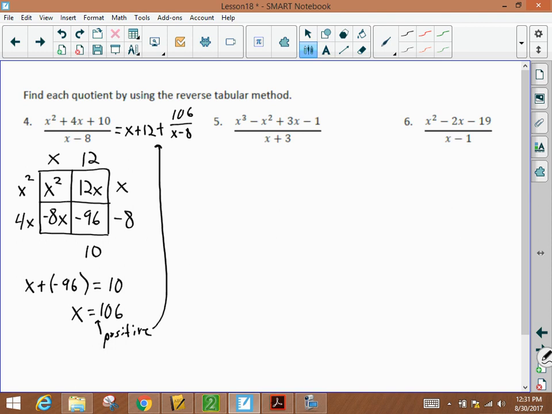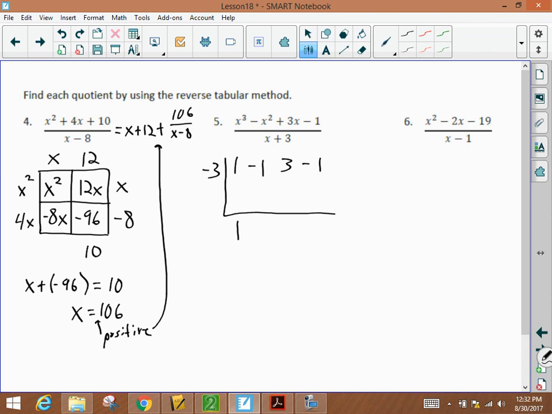Let's do some synthetic division real quick. Okay, 1x cubed minus 1x plus 3x, plus 3x minus 1. Let's do this. 1.